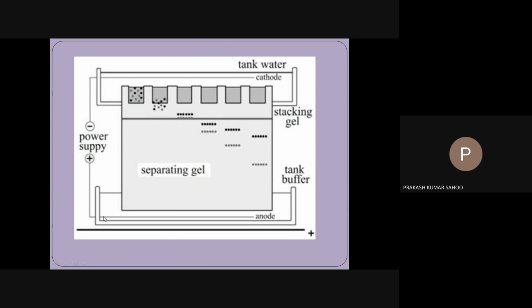This is the anodic part, and this is the cathodic part at the top, and we have the separating gel matrix here, and we put our sample in these sampling chambers, and by different particle size this will get separated accordingly. And we have some buffer used. So this is the SDS-PAGE, that is your electrophoresis mechanism.